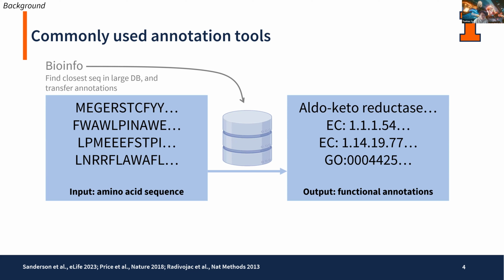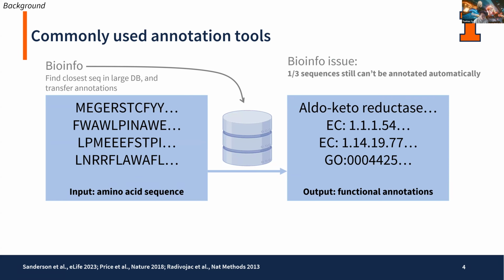The underlying logic is really to do some sort of alignment, finding similarities between the query sequences and a large database of annotated sequences. Once the bioinformatic tools can find a homolog or a close relative in the annotated database, we can transfer the label accordingly.